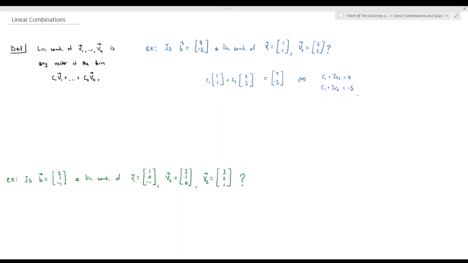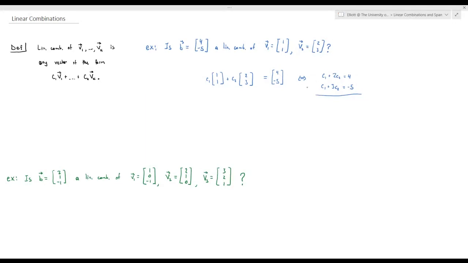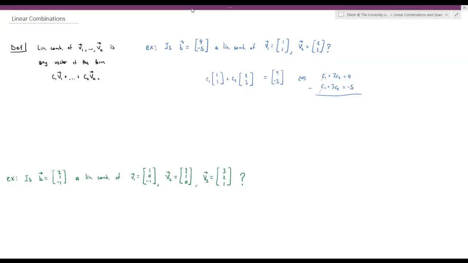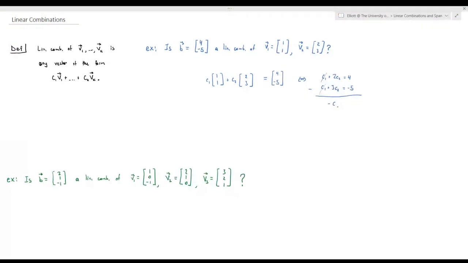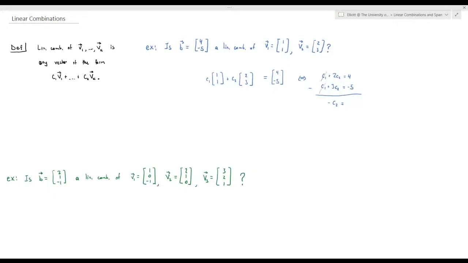Here, I think the simplest thing is to subtract equation 2 from equation 1, and the c1s will cancel. We'll also have 2c2 minus 3c2, so that's negative c2. On the other side, we get 4 minus -5, so it's actually 4 plus 5. So I get c2 to be -9.